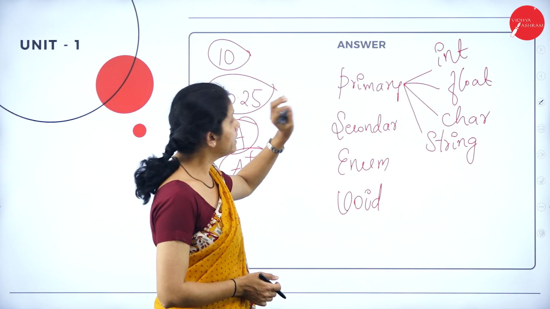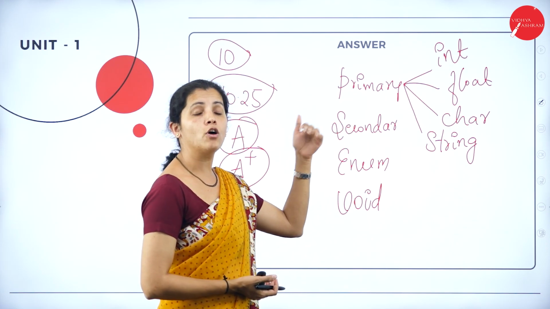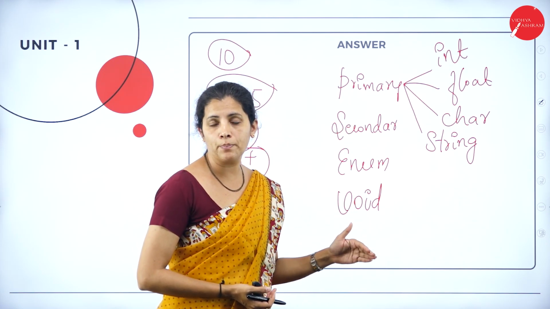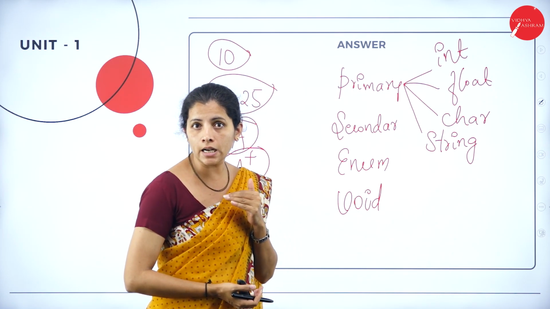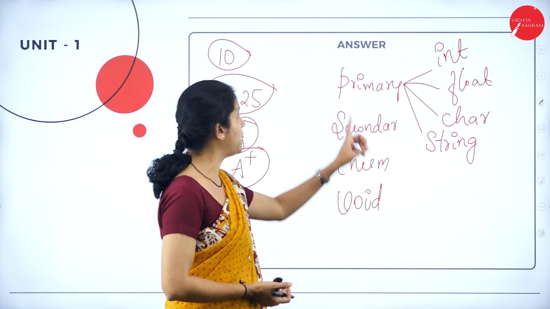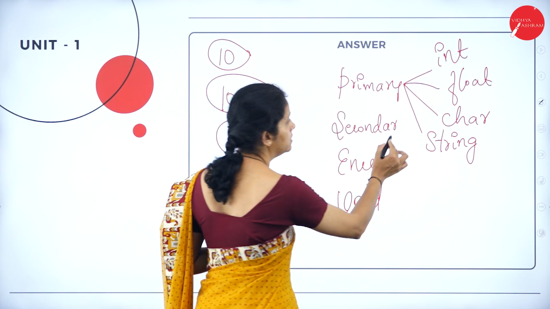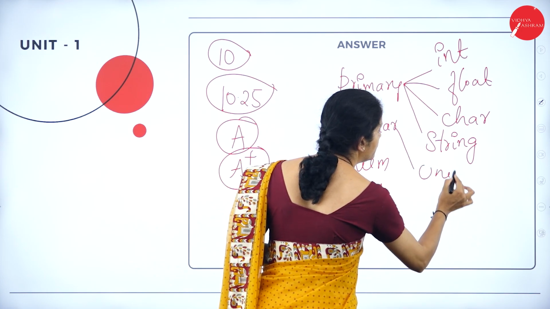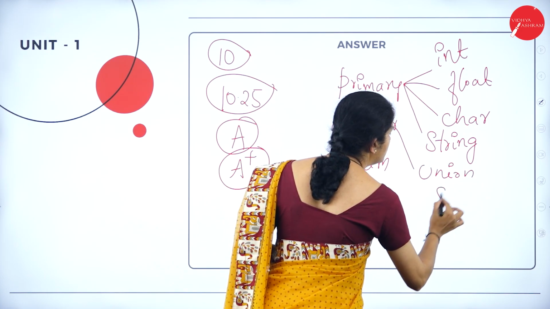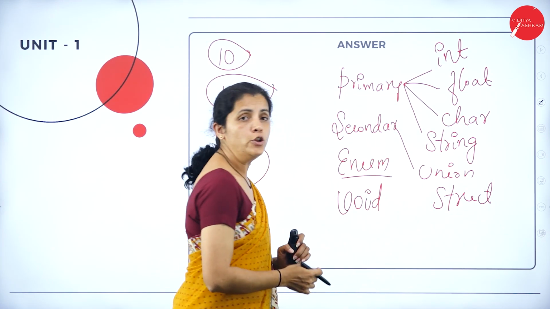Okay, fine. If I consider secondary data types, the secondary data types are called derived data types. Why is it called derived data types? Because I am going to create my own data type by using primary data types. Example, union, structure, etc. And enumeration.